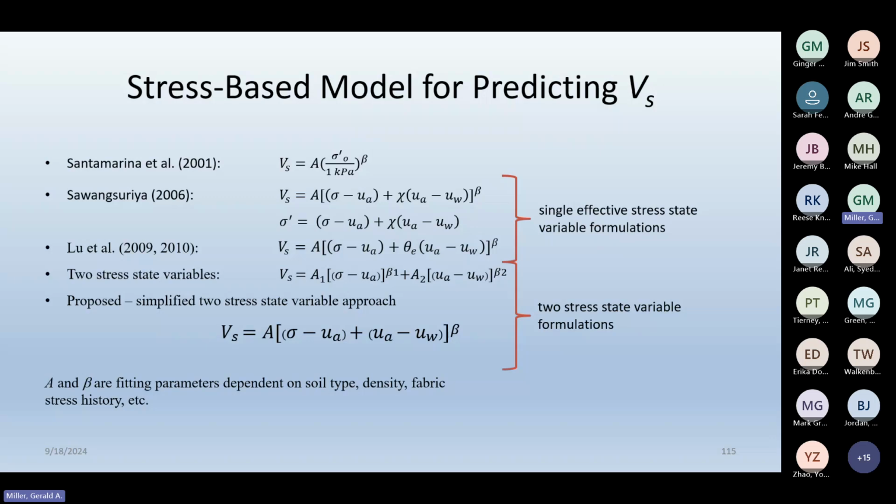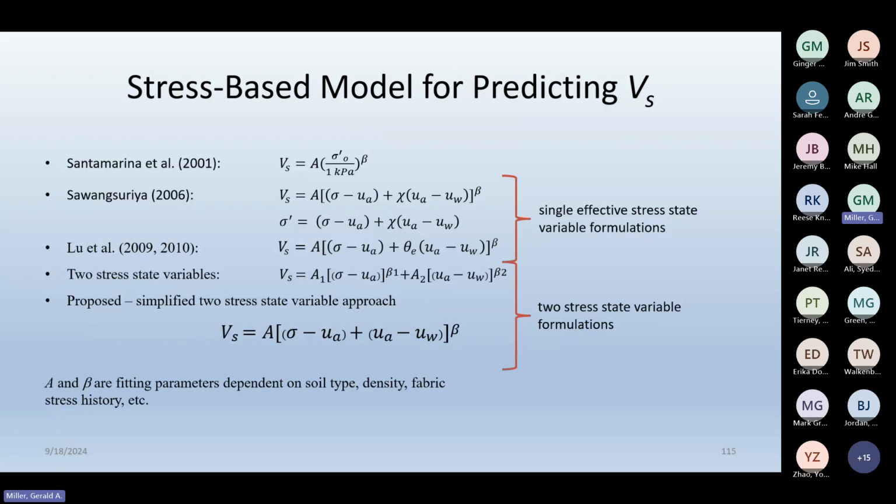And so what I've summarized here is different models from the literature that show shear wave velocity. For example, this one here by Sawangsuriya et al. 2006 uses the Bishop effective stress. So it has shear wave velocity equal to this coefficient A times the Bishop effective stress raised to parameter beta. And then the two stress state variable approach might look something like this, where we have the net normal stress and suction treated independently.